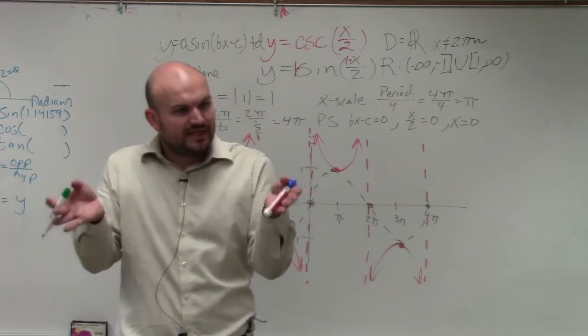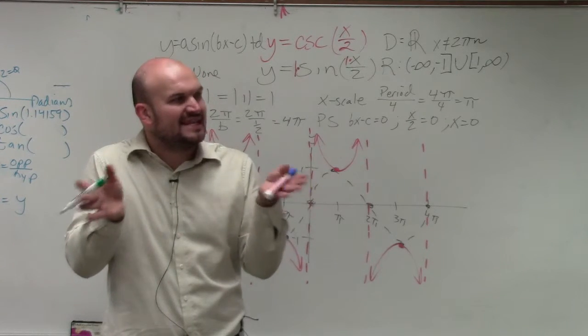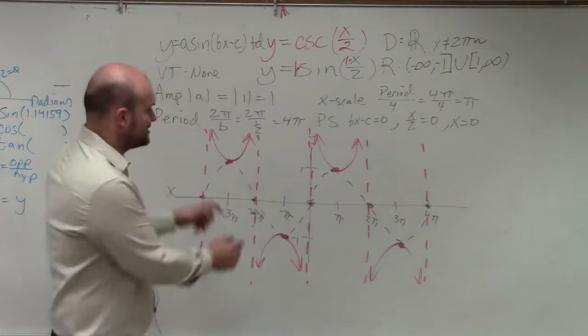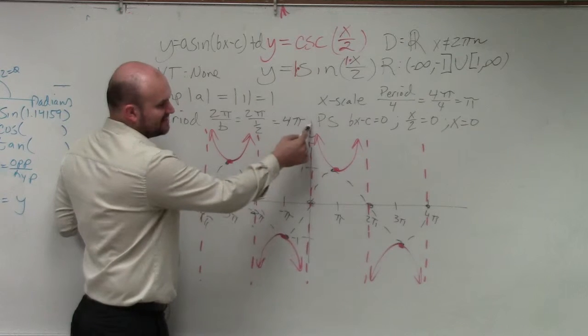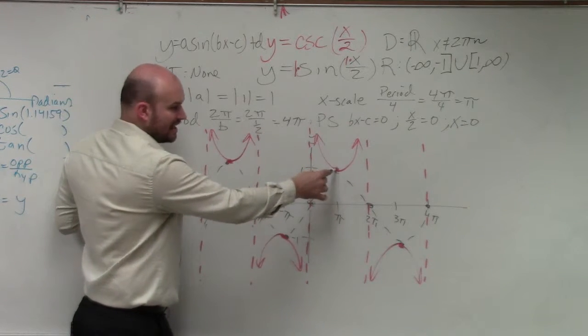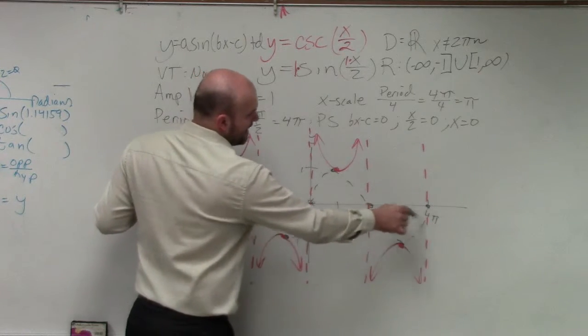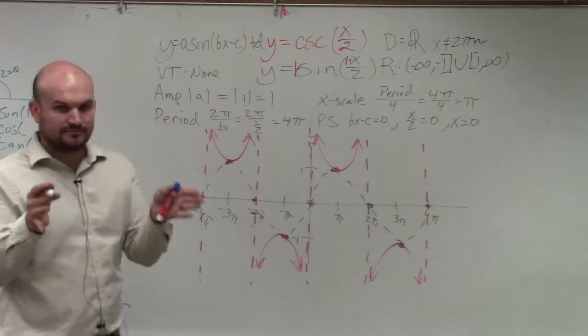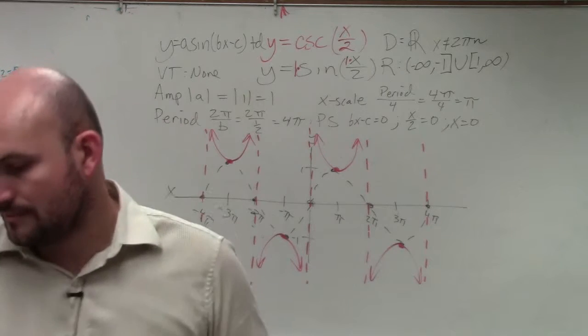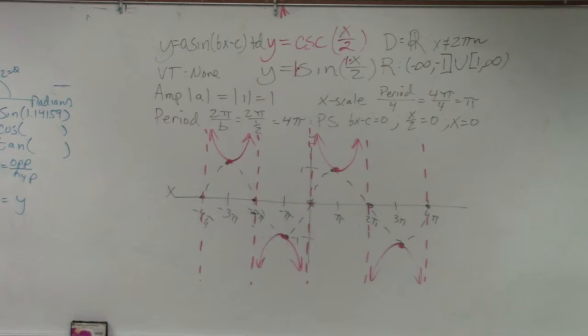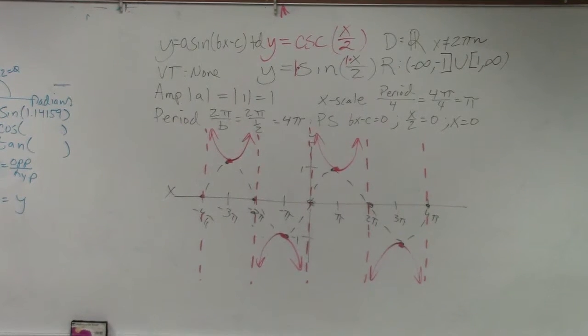Remember, when you're labeling the intervals of increasing and decreasing, you're only using the x values. This graph is decreasing from 0 to pi. It's decreasing from 3 pi to 4 pi. Right? Use your x values.